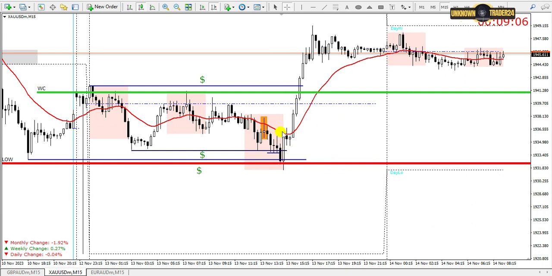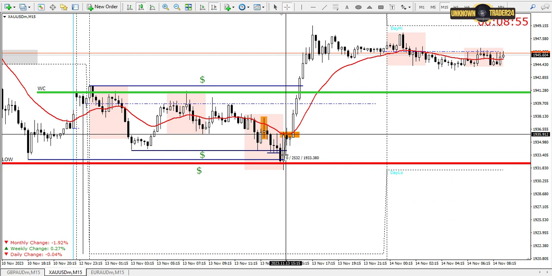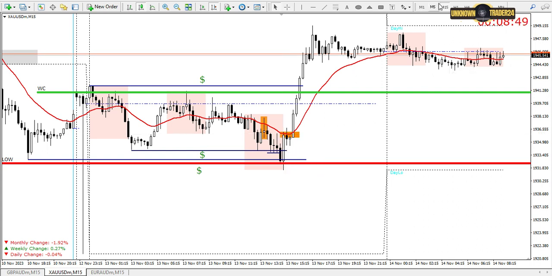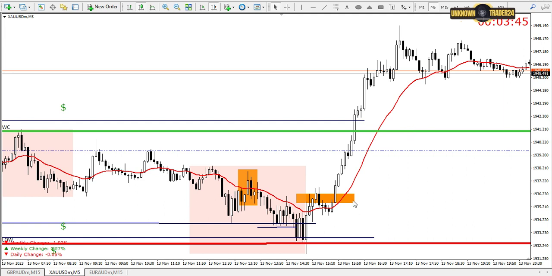What do they do? They engulf. This candle almost closes inside the EMA. This is your entry. However, pay attention: we said we want our stops to be 25 if it's something like golden indices. This is too big, so it's right to follow this move on a smaller time frame.